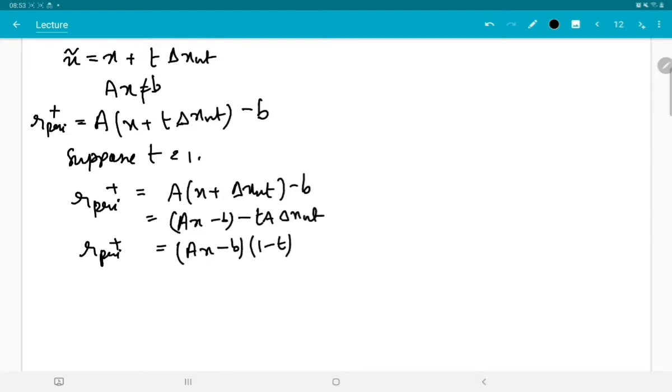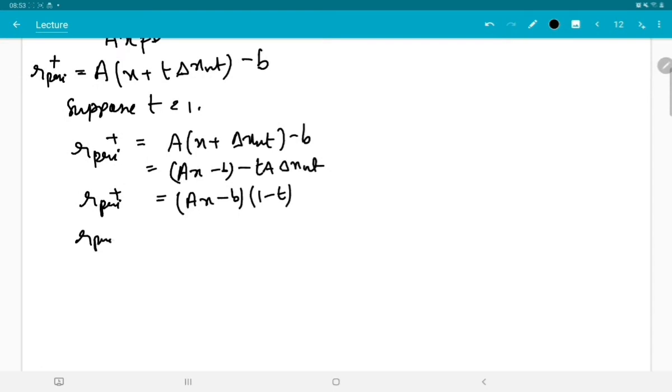And Ax minus b is the previous residue, because we are starting from a point x which is outside. So we have the previous r_pri times 1 minus t. So after each step, the residue reduces by a factor of 1 minus t, and so it goes to 0.